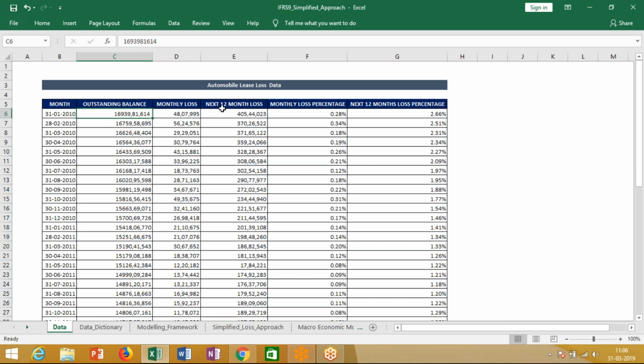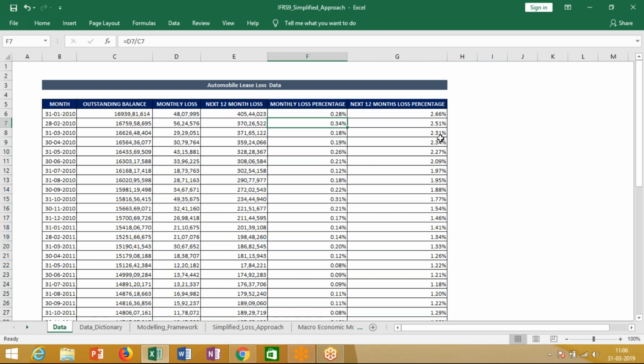So now, after this next 12 months loss that you can see, it's a summation of the loss figures that are there. What we generally do is put in a monthly loss percentage. The monthly loss percentage is nothing but B6 by C6, so the amount of loss divided by the outstanding balance.